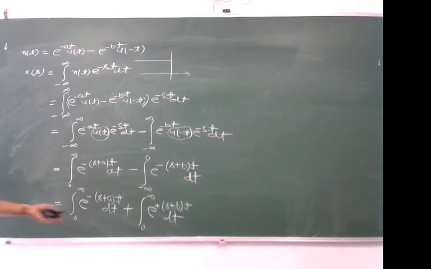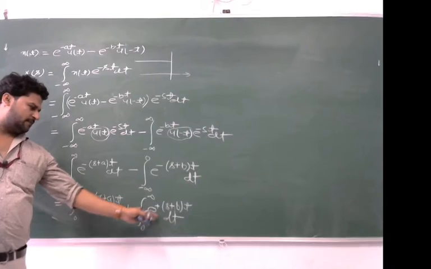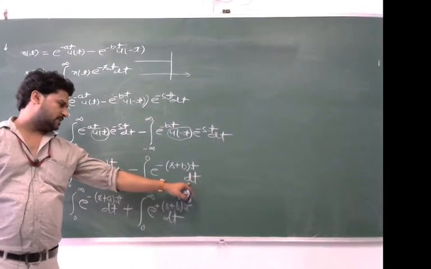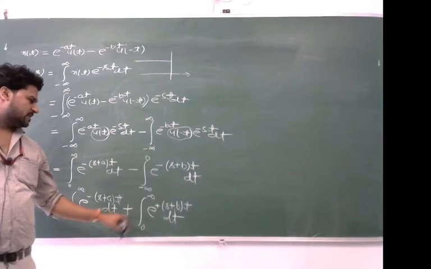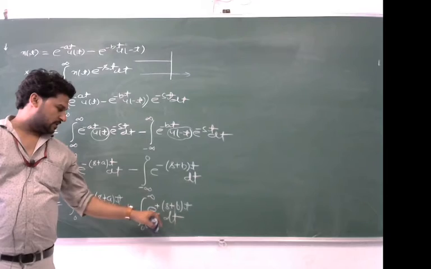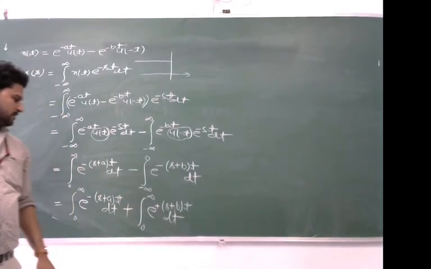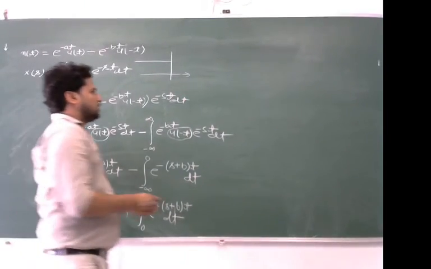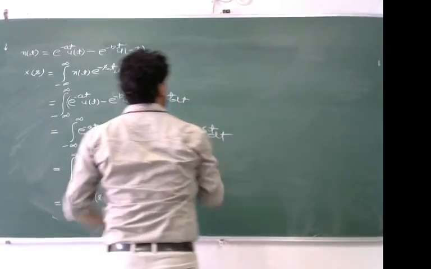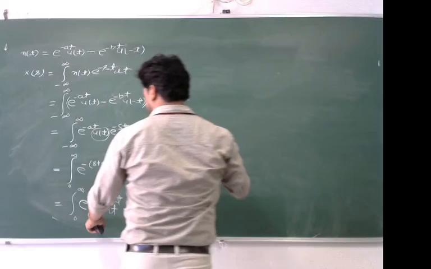We can simplify this in this way. I will replace this variable t by minus t. This dt will become minus dt, so minus minus will become plus. Here, when I put minus t in place of t, this will become e power plus (s plus b) into t.